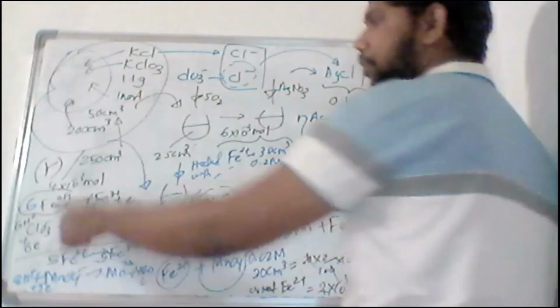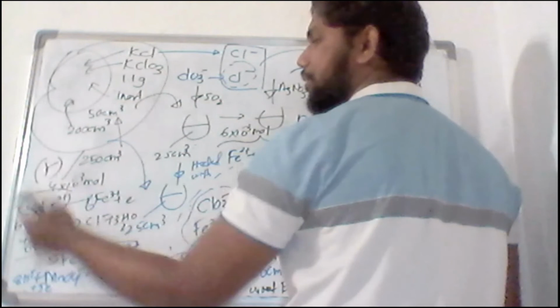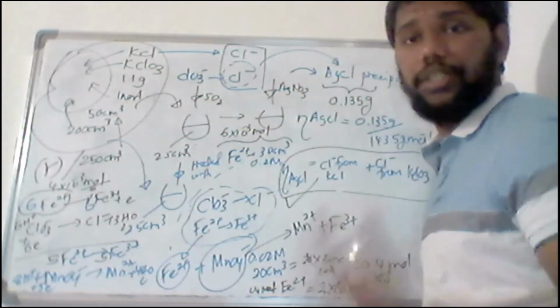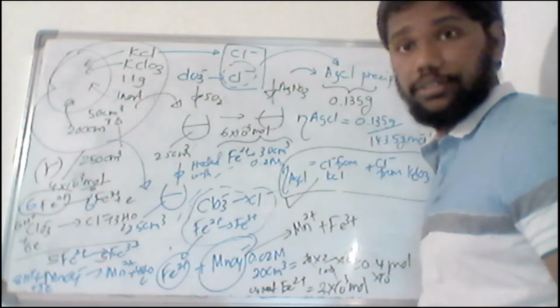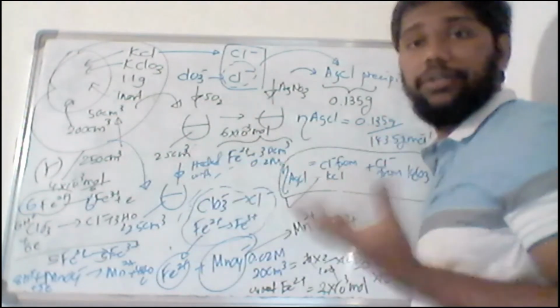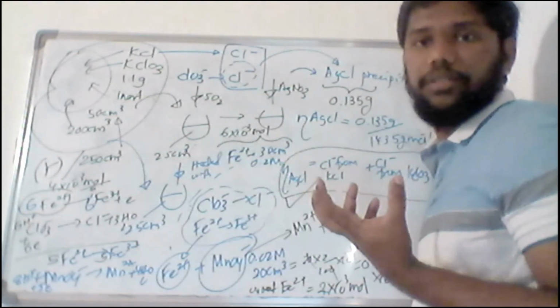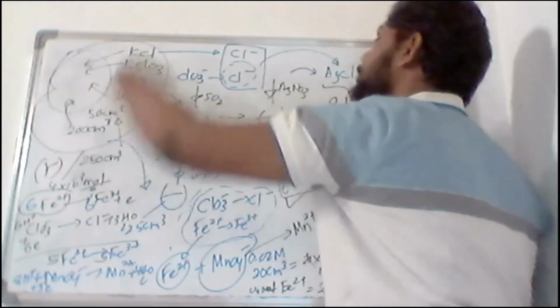So if you know this one, you can divide this by 6 because the stoichiometry is 6:1. So you divide this by 6 to find the number of moles of ClO3 minus that is present, don't forget, in 25 cubic centimeter. So you need to back calculate for 250 cubic centimeter.